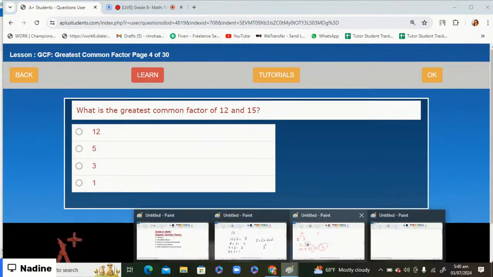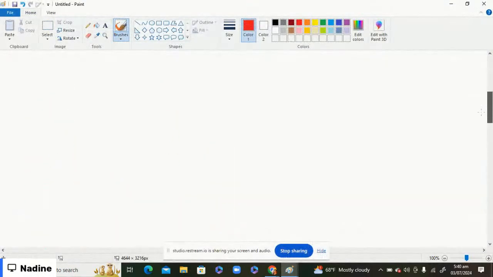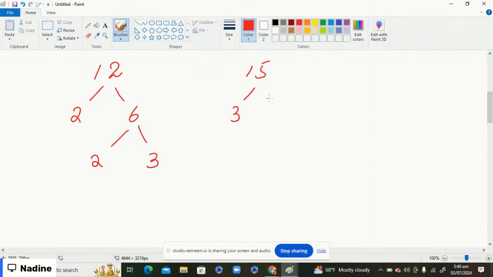Okay, what is the greatest common factor of 12 and 15? Let's check. It's 12 and 15. So for 12 it's 2 times 6 is 12 and 2 times 3 is 6. And for 15 it's 3 times 5 is 15.